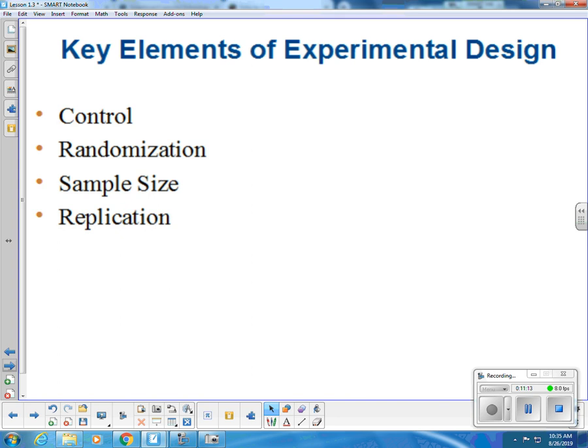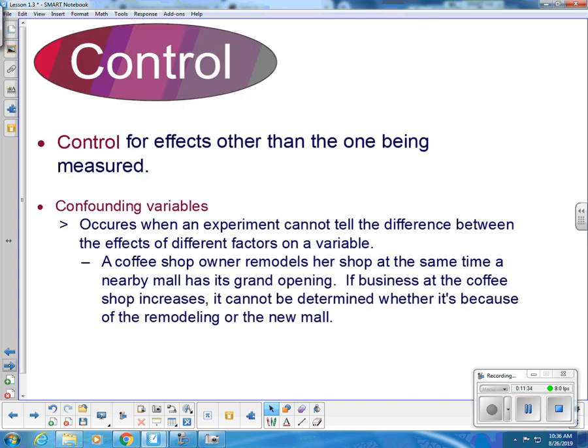Okay. So we're going to go through each one of these. Okay, the first one is control.